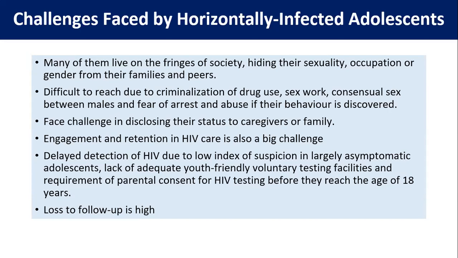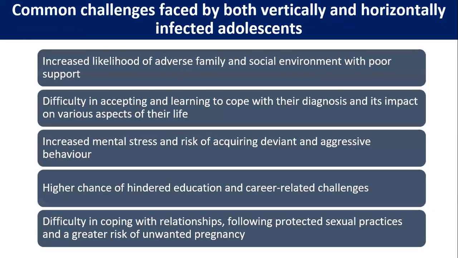There is delayed detection of HIV due to a low index of suspicion in largely asymptomatic adolescents, because HIV progresses quite slowly in adolescents, and lack of adequate youth-friendly voluntary testing facilities and the requirement of parental consent for HIV testing also hinder a proper diagnosis. Loss to follow-up is very high in this group of horizontally infected adolescents.